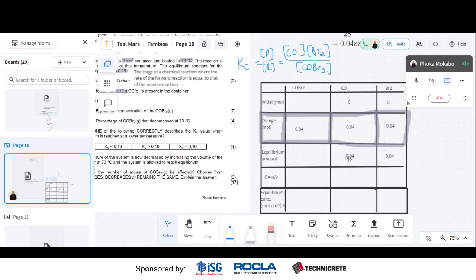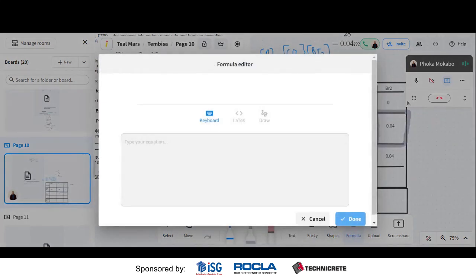Okay, now we can carry on a bit further. We can take the 0,04, and what we'll say is the concentration is equal to 0,04 divided by that 2, in moles per decimeter. We'll just do this to help you out.